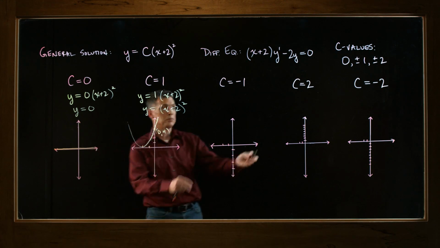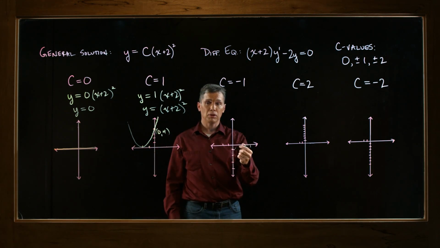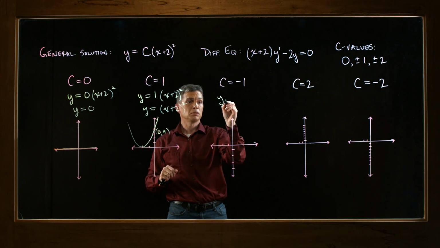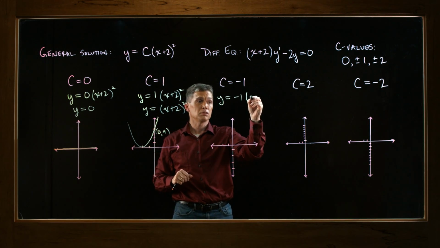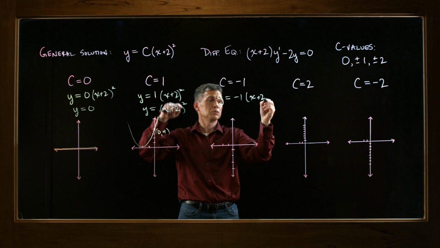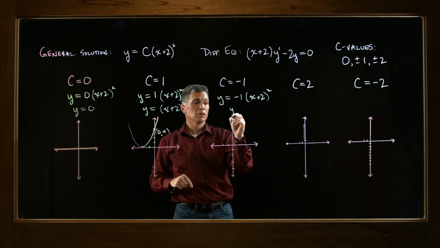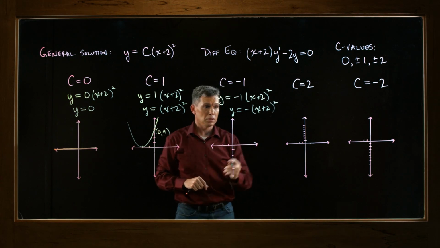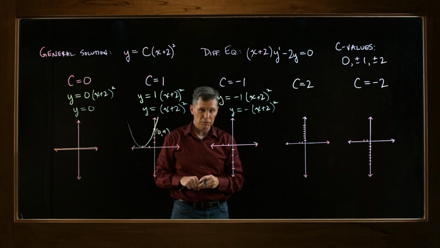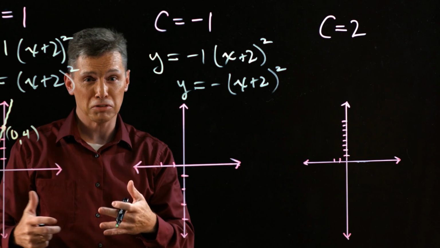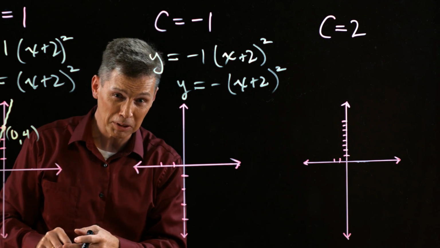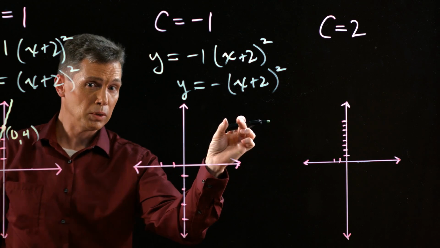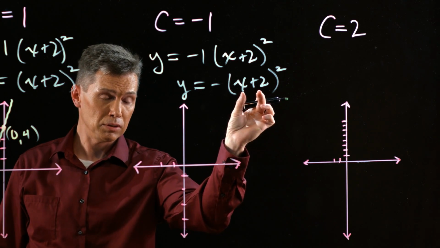Moving on, it's just a different value of c, but the same thought process. I go to the original general solution, putting in a -1 for c, so negative (x plus 2) squared. And all that does for me is give me a negative sign outside of the parentheses. Thinking back to the shifts and translations lessons from so long ago, that just reflects it through the x-axis. So I again have that shift to the left, 2 units.